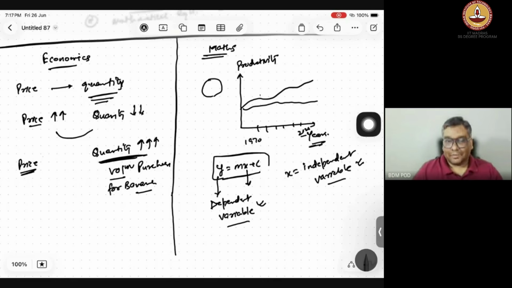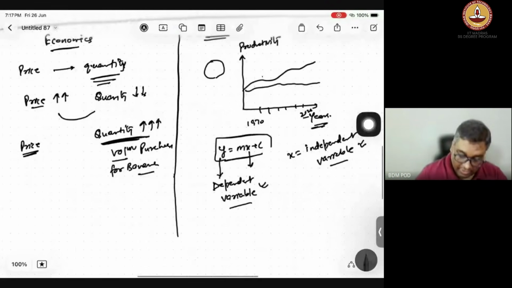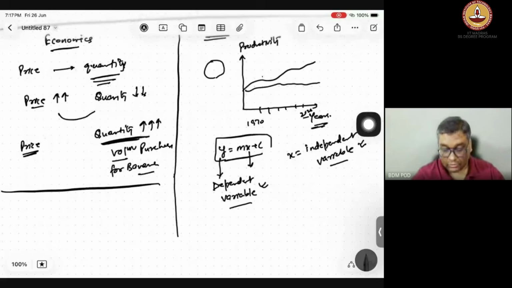Because of the stagnation in your salary, you are not able to purchase a huge quantity. So quantity is going to change. Similarly with banana, both the variables are dependent variables.